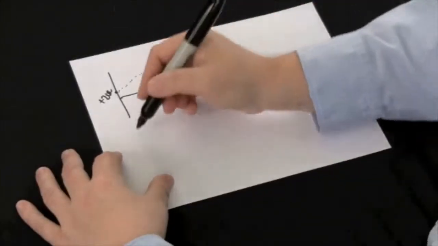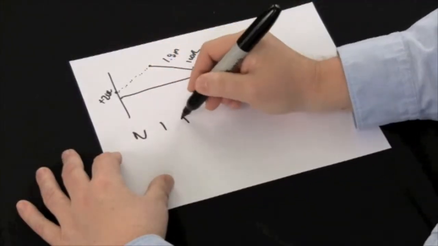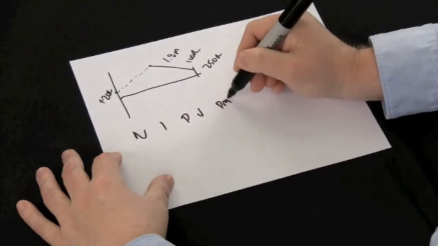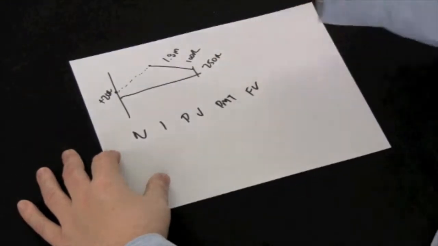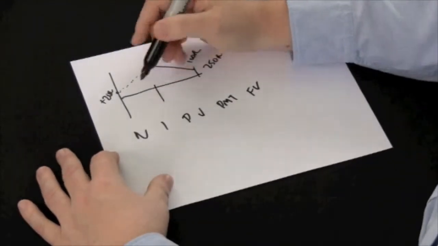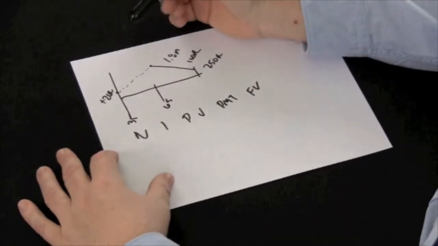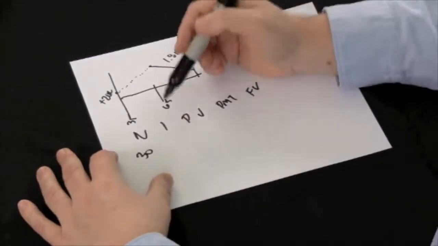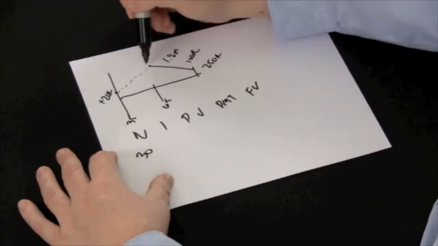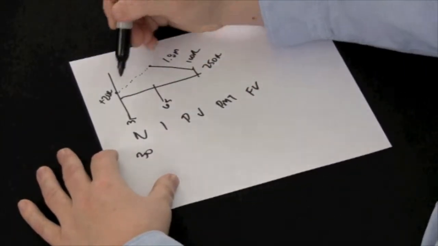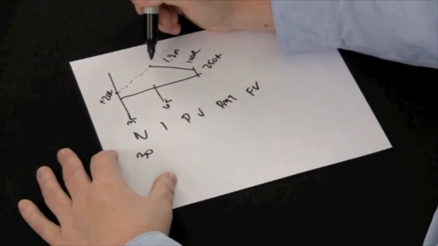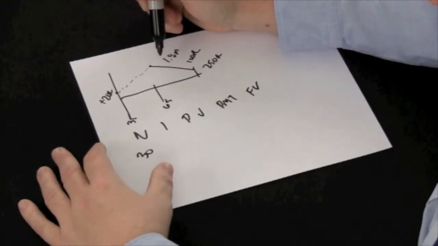So let's look at our variables. We have N, I, PV, PMT, and FV. In this case, N is the age 65 of our retirement, and in this example we're 35 years old, so N is 30. I is the rate of return, or the slope of this line of our current savings to our future savings, so the rate of return is what we're looking for.